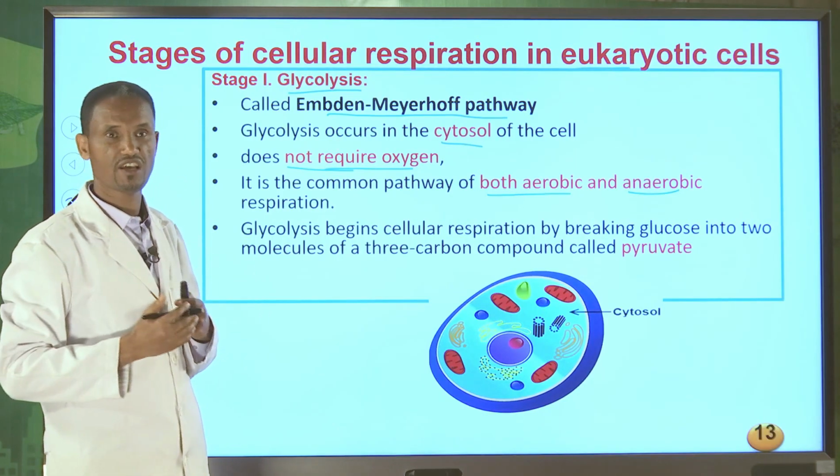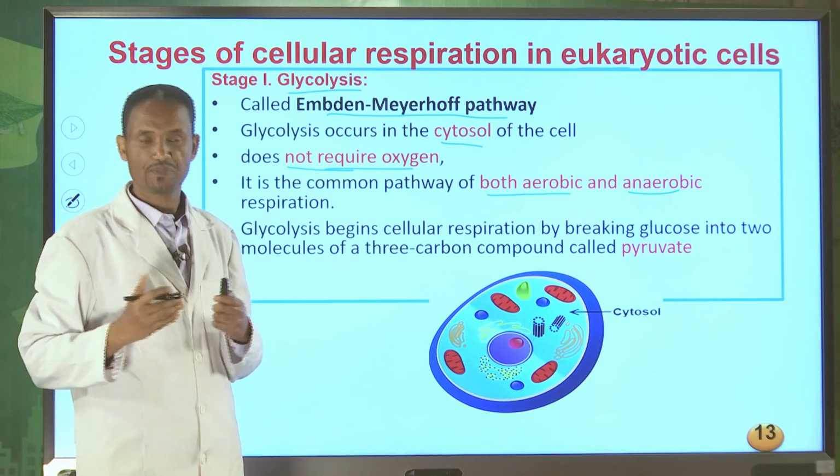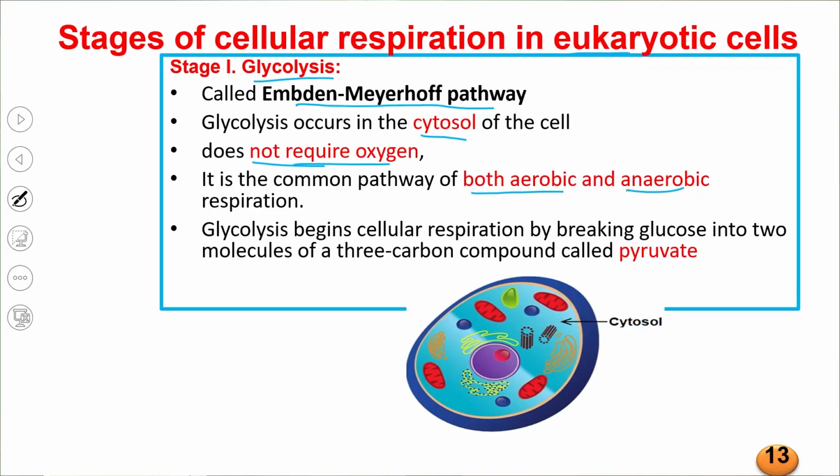Therefore, glycolysis is a common stage for both anaerobic and aerobic respiration. Here, glycolysis begins cellular respiration by breaking down glucose into 2 molecules of a 3-carbon compound, which is called pyruvate.